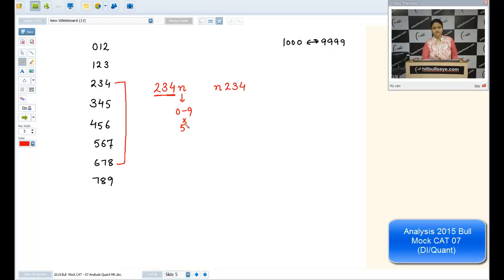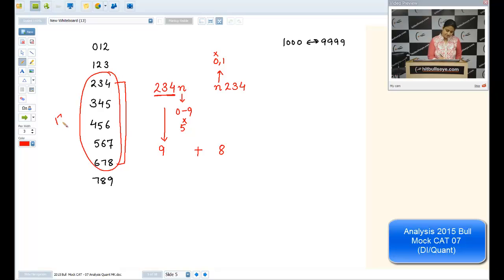So we cannot take 5. So how many choices can be made from this? There can be 9 choices. Plus, now I'm taking the second case. For this n, 0 is not acceptable as well as 1 is not acceptable. That's why how many choices are left? They are 8. So for every case we'll get 17 cases.